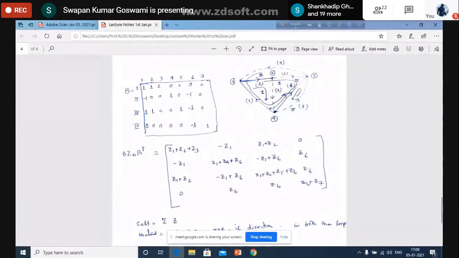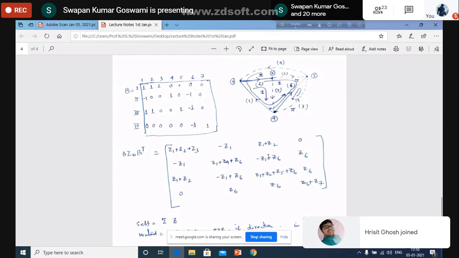Loop 3 current through Z1 is in the same direction, loop 2 current through element Z1 is in the opposite direction, so it is minus Z1. Loop 6, how is it? Loop 3 is in the same direction and loop 2 in the opposite direction, so it should be minus.